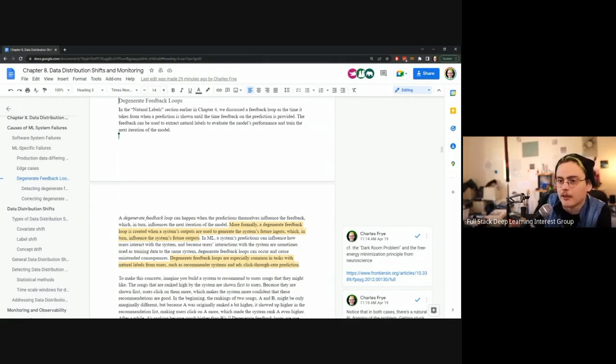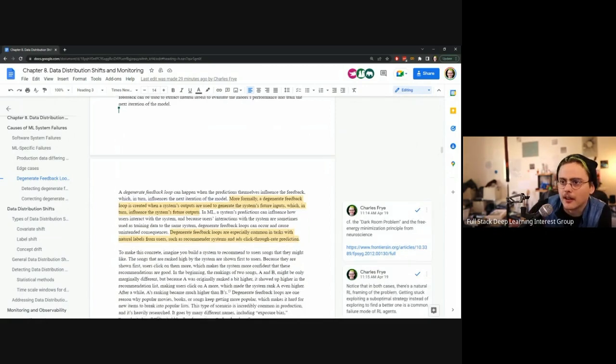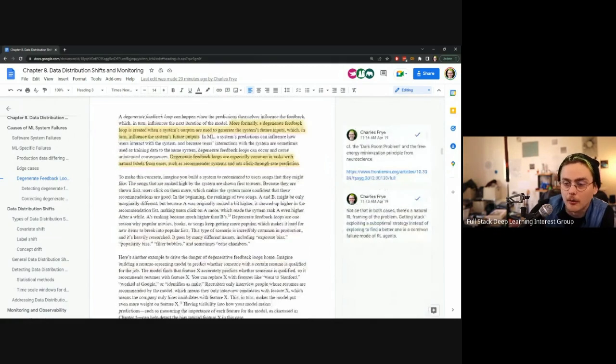Reinforcement learning agents also have this tendency to get stuck in bad solutions and degenerate feedback loops. And I think maybe we are all familiar with being on the receiving end of these degenerate feedback loops from using software products that have recommendation systems behind them.